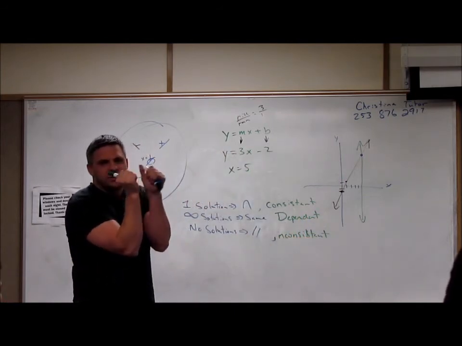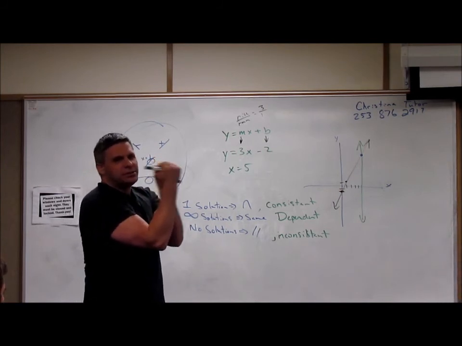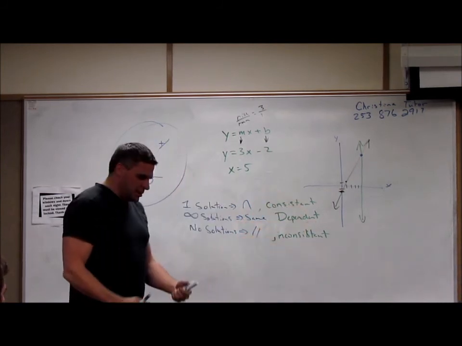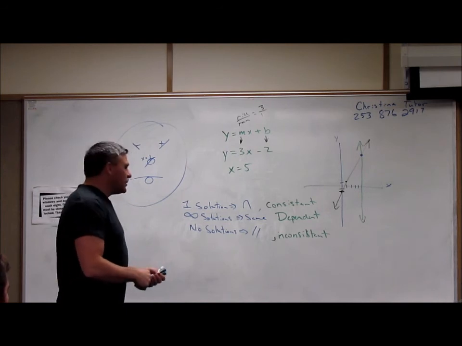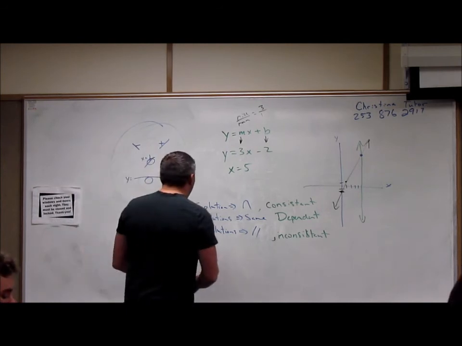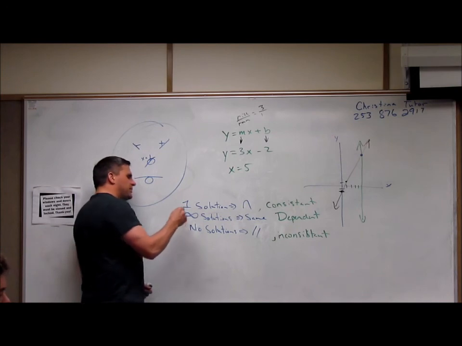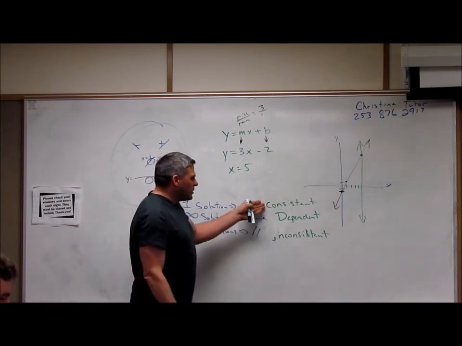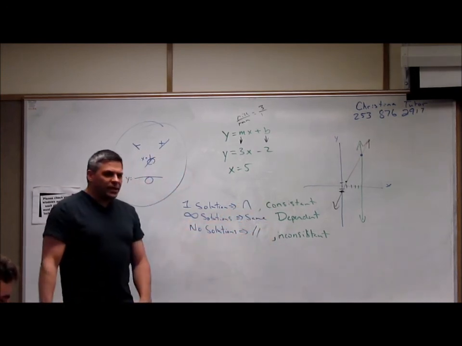So they're dependent on each other because they touch all the time. They're the same line. Okay? Does that make sense? Okay, so we got consistency, we got one solution, no solution, infinite solution. We know whether they're consistent, dependent, or inconsistent.